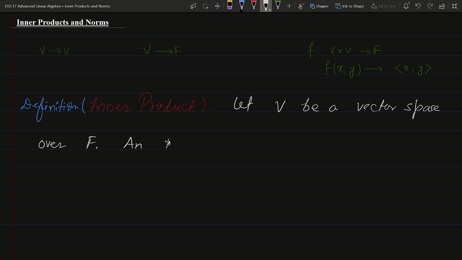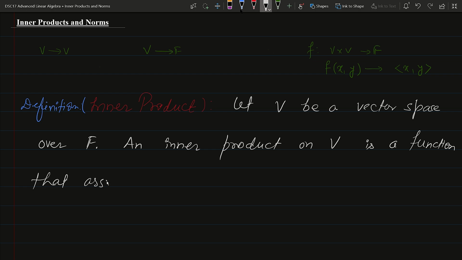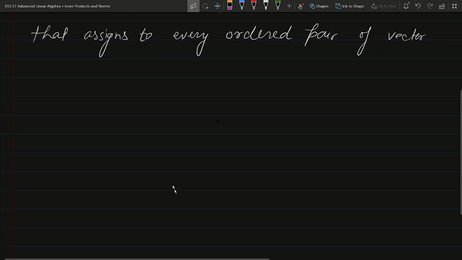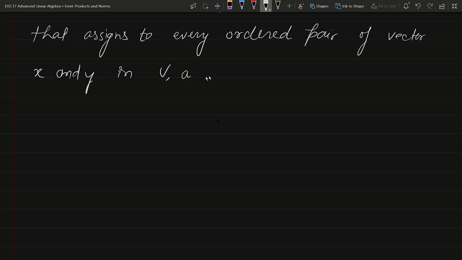Okay, and inner product on V. Inner product on V is a function that assigns to every ordered pair of vectors x and y in V a scalar in F, denoted by x comma y.